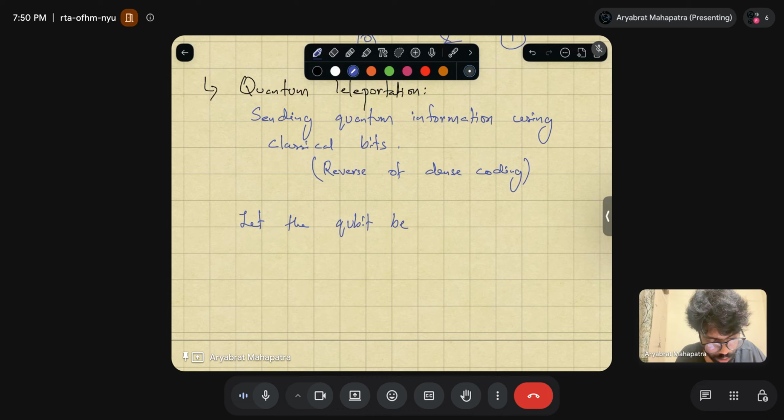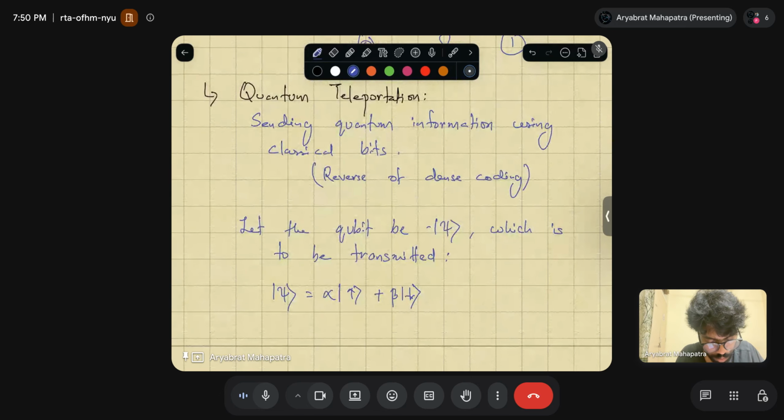Let the qubit be psi, which is to be transmitted. This psi is given as alpha up plus beta down. So this is the quantum information that we want to send.